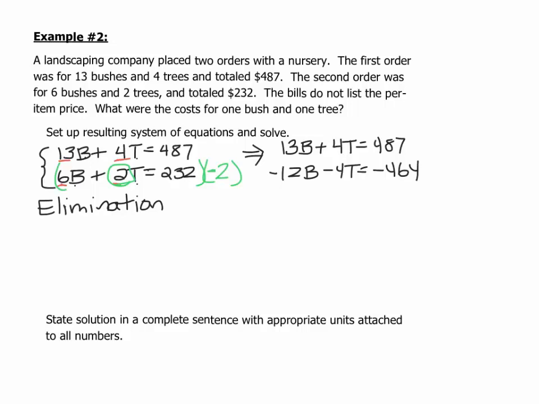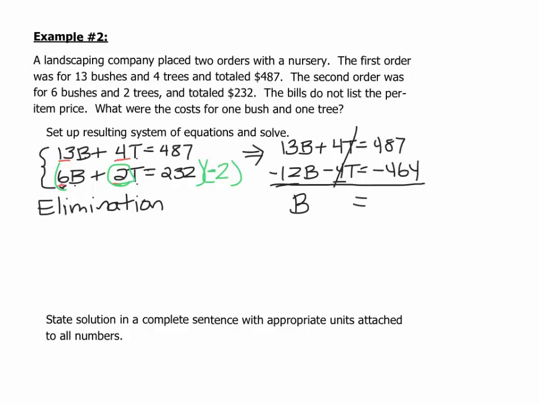Doing that would give me 6 times -2 is -12, 2 times -2 is -4, -2 times the 232 is -464. Now, when I add these together, the 13b and the -12b just gives me 1b. The 4t minus 4t just gives me 0.